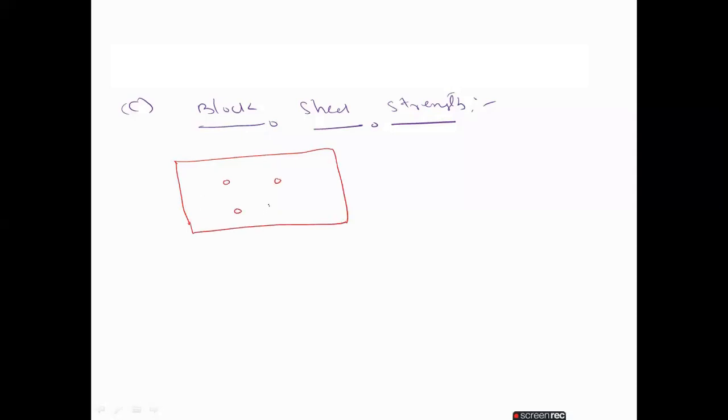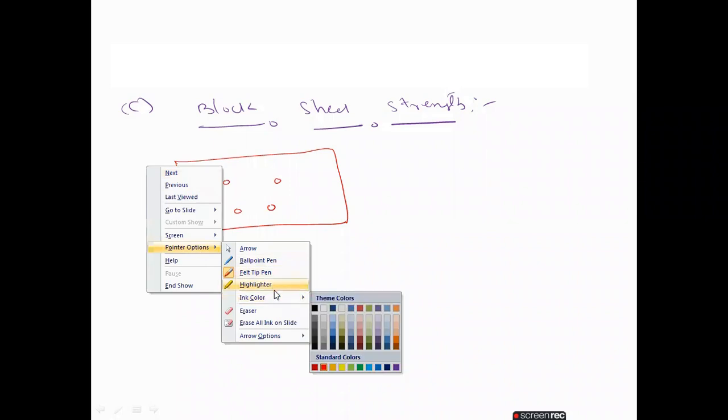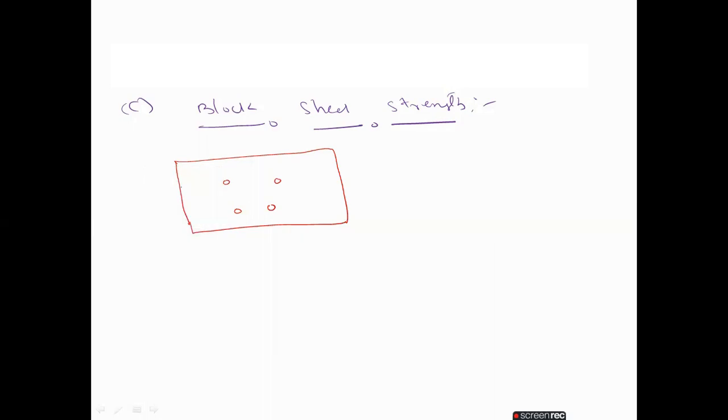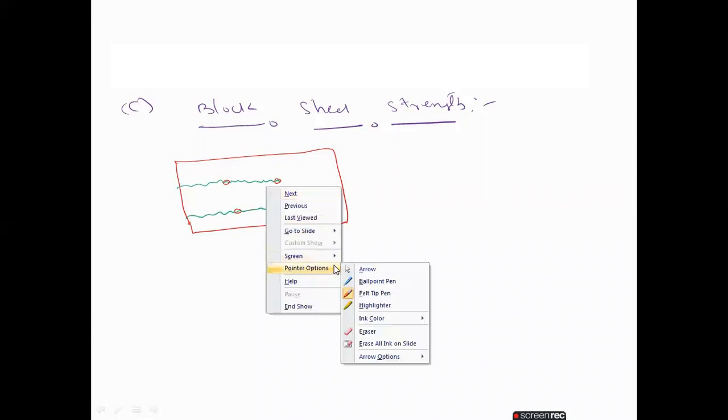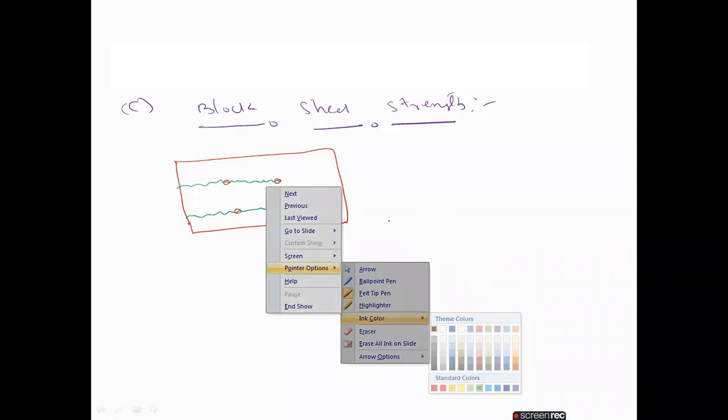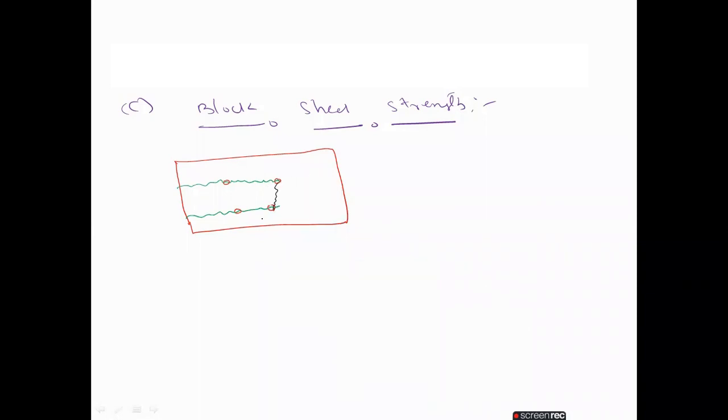So these are the bolts. I will highlight here. Please wait for 1 second. Whatever I am highlighting here, please look into this one. Here we know 1, 2, 3, 4.